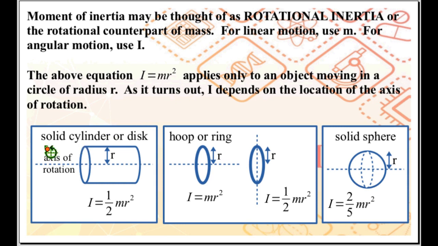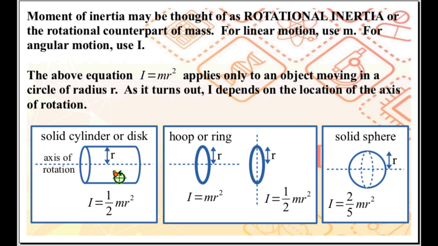For example, say you have a solid cylinder or disc, radius r and length L. Say the axis of rotation is passing through the center of the cylinder or disc, and the disc or cylinder is rotating around that axis of rotation.